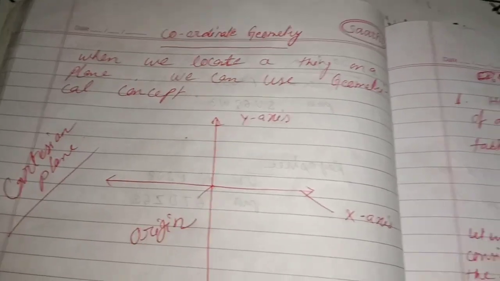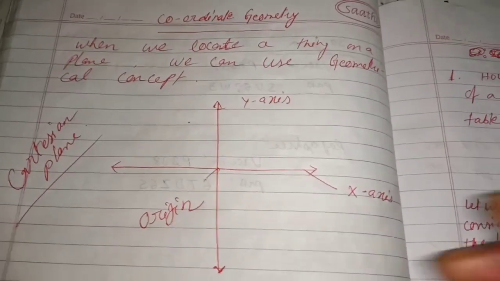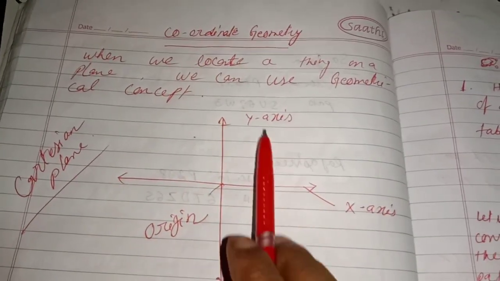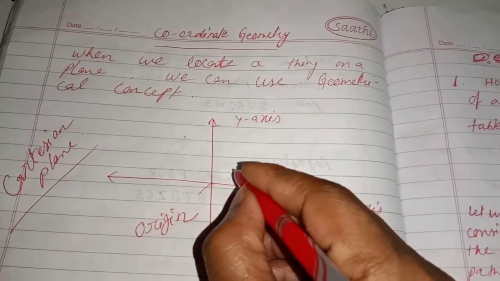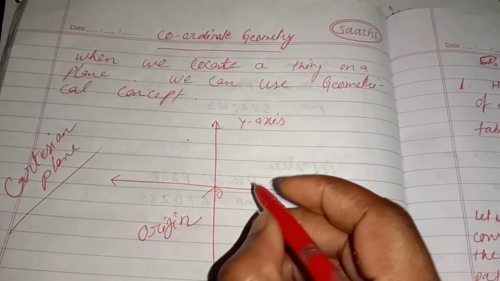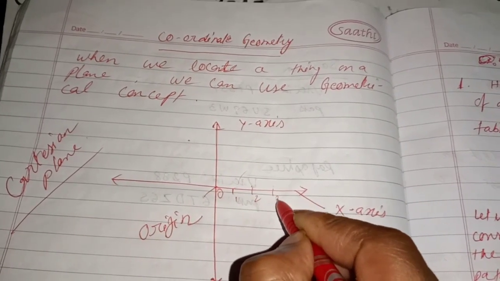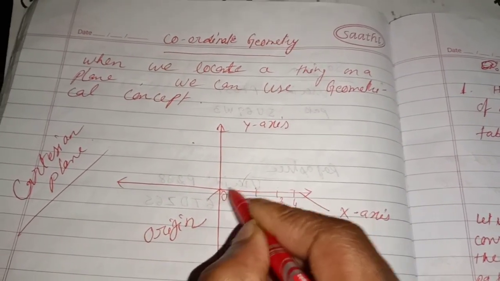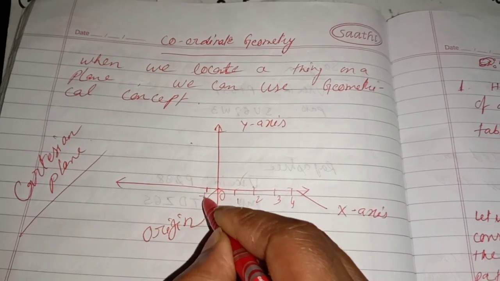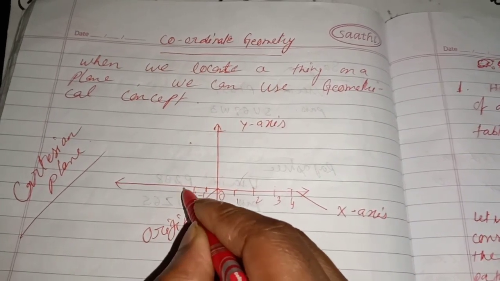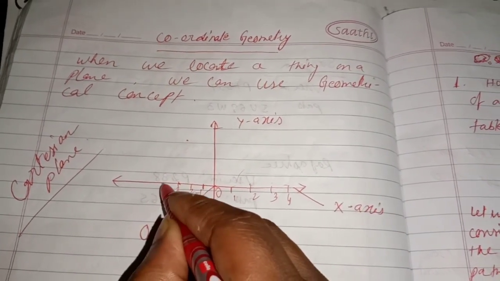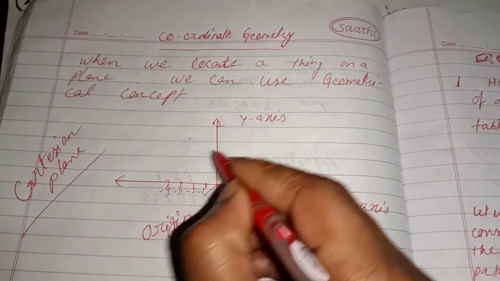axes. You know this one, the horizontal line is called x-axis and this is called y-axis, and you know already, this is 0, this is 1, 2, 3, 4, and this one is minus 1, minus 2, minus 3, minus 4, like that.